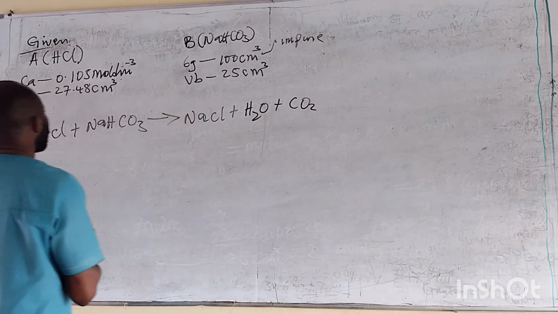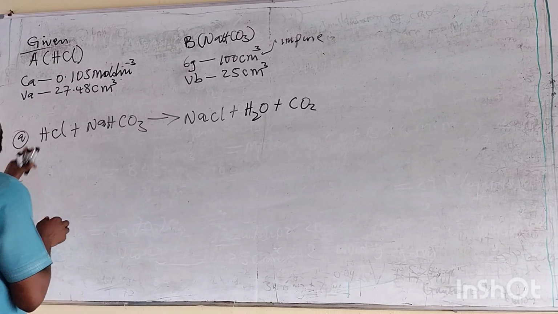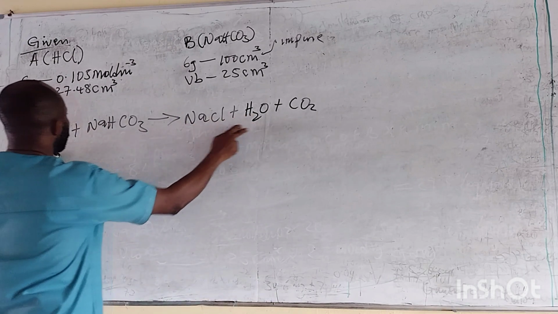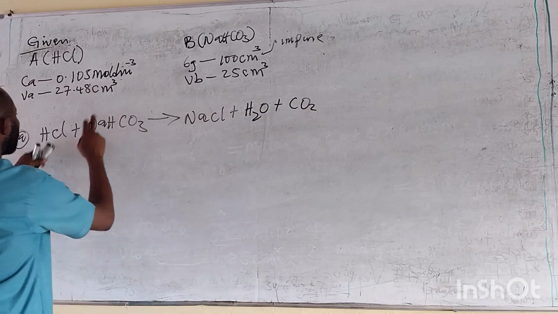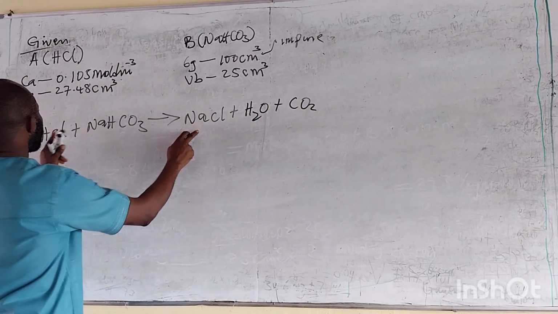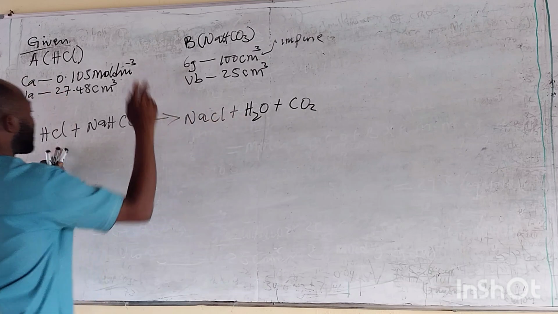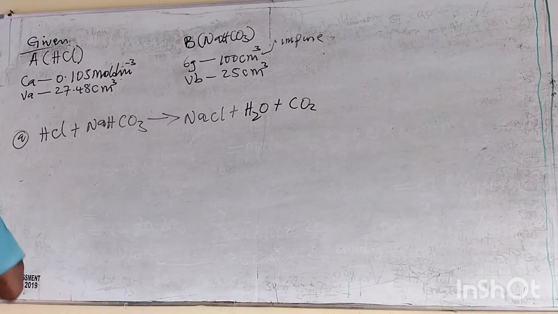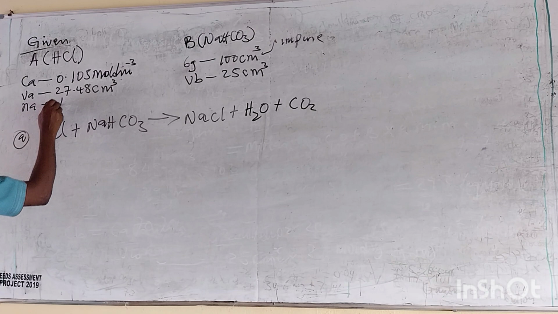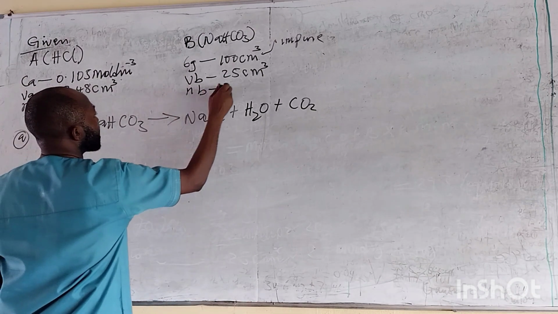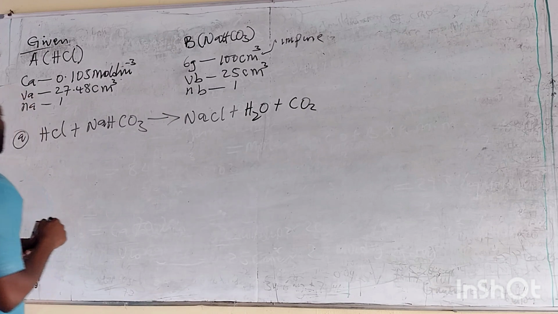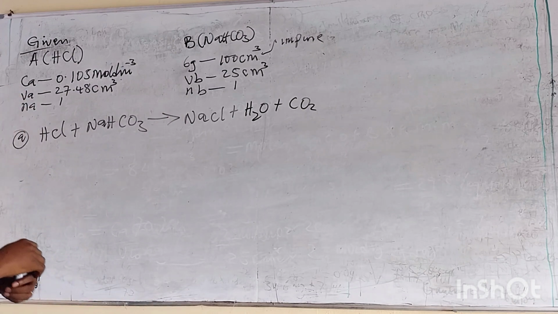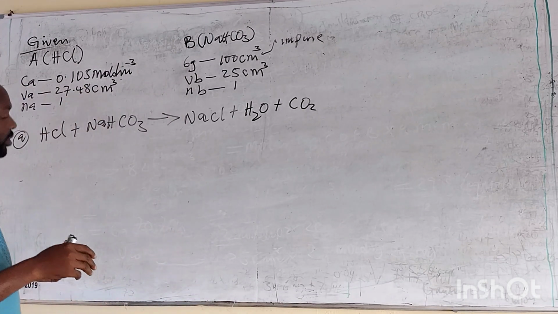Now let's look at it. Hydrogen: 1 here, 2 here. Oxygen is 3 here, 2 plus 1, 3. Sodium is 1. Chlorine is 1. So we are good. The number of moles of acid is 1, and the number of moles of base is 1. Let's leave the equation there for now.